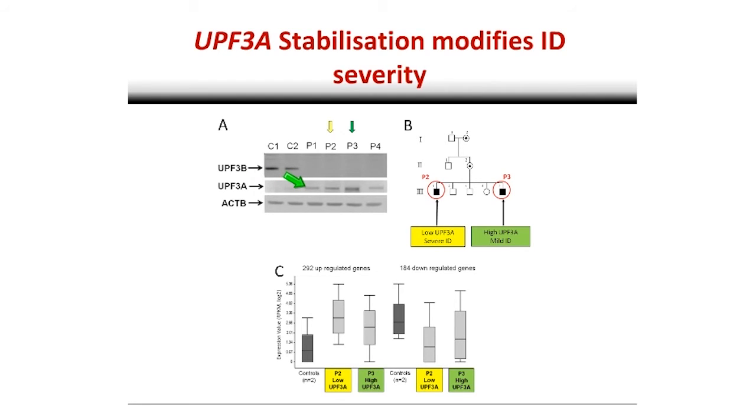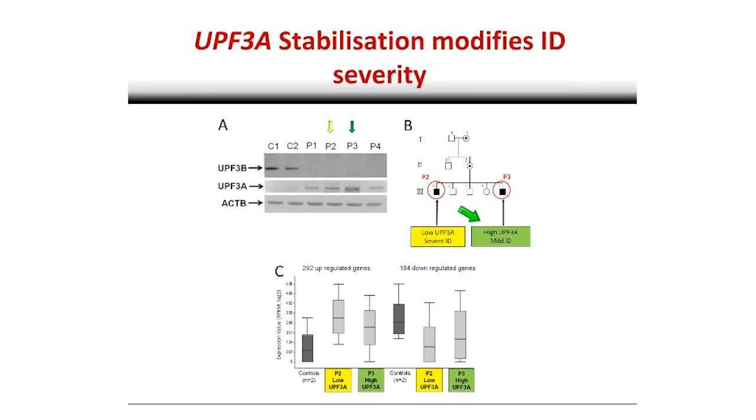And in fact, if you have a look at these two affected individuals that come from the same family, one has quite low UPF3A, and they have a quite severe phenotype, whereas the other brother has quite high levels of UPF3A, and their phenotype is quite mild. So it's like UPF3A can rescue the severity of the disorder.